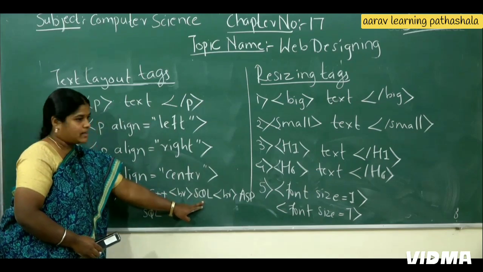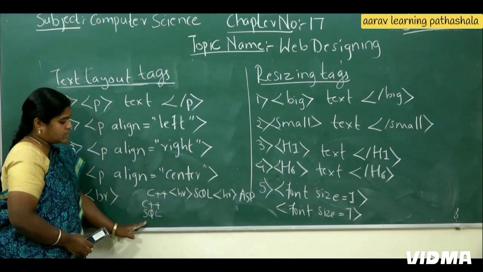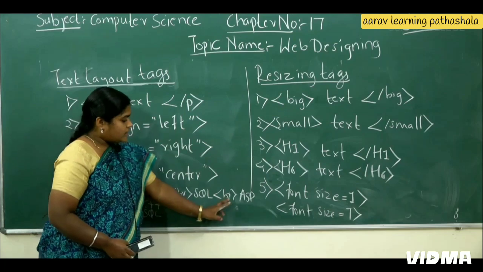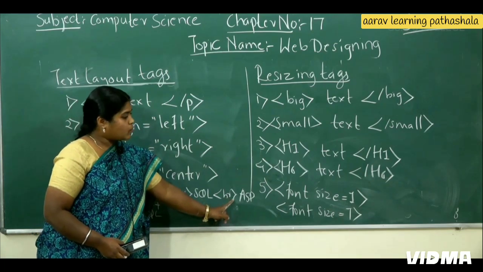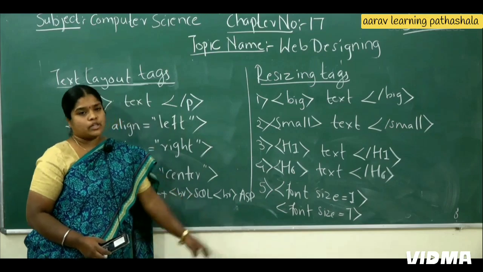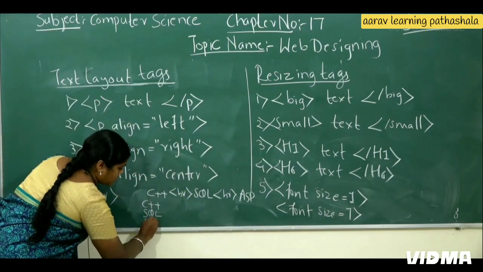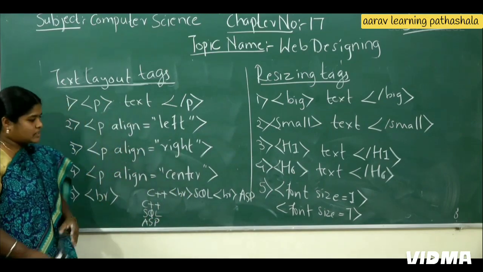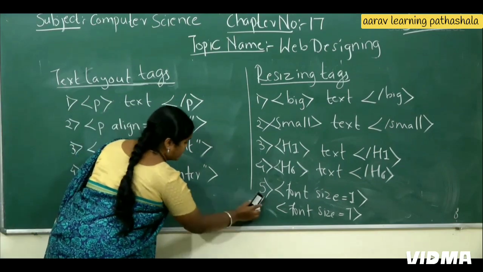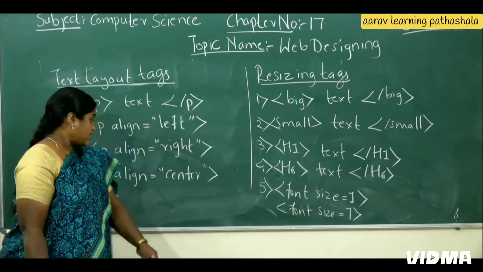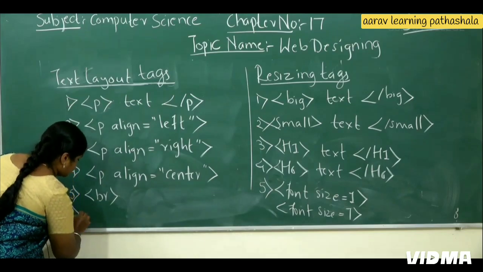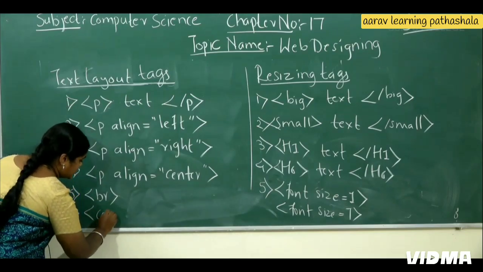Then the next content, that is SQL, will be pushed to the next line. After SQL the next tag is again BR. So after BR, whatever the content is, it will be pushed to the next line. So ASP will appear in the next line. So this is how BR tag works. BR is nothing but a single line break. After this, the next one is the center tag.